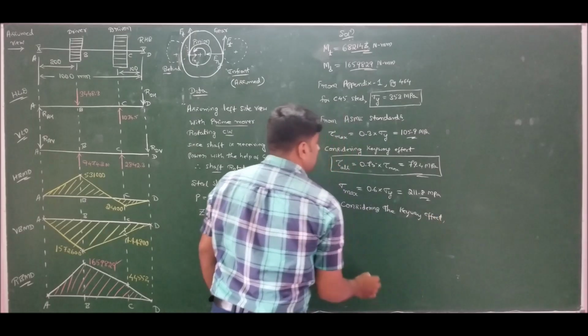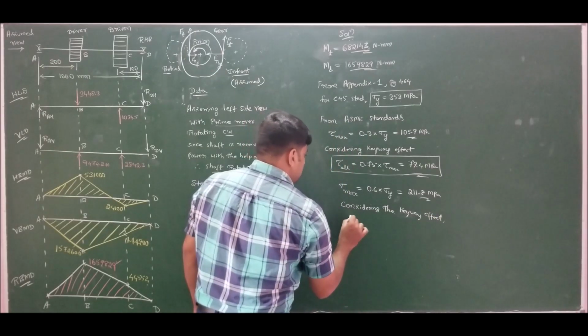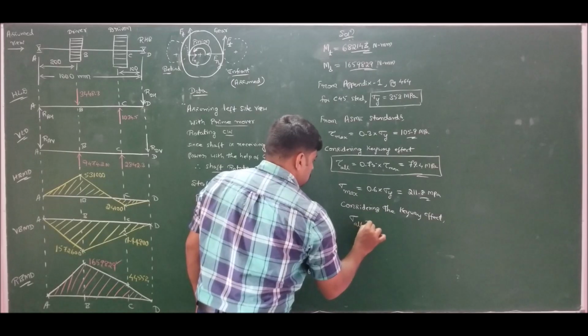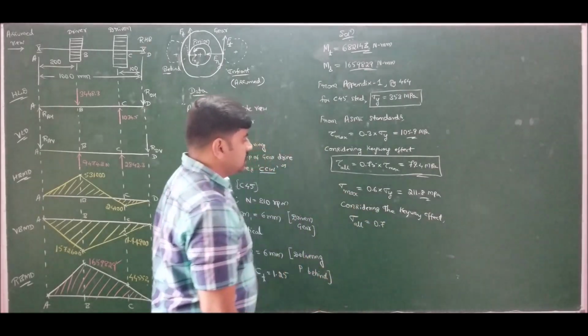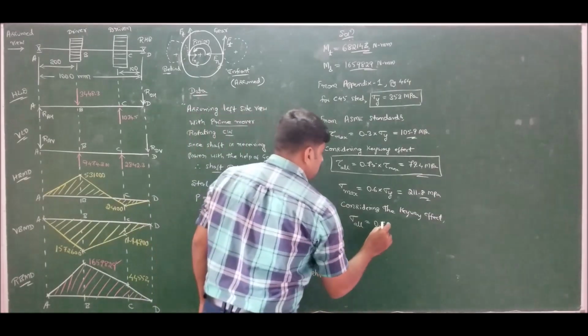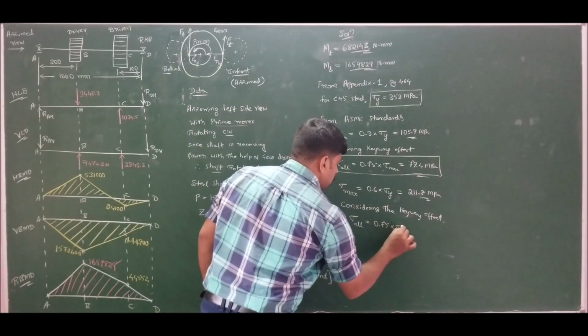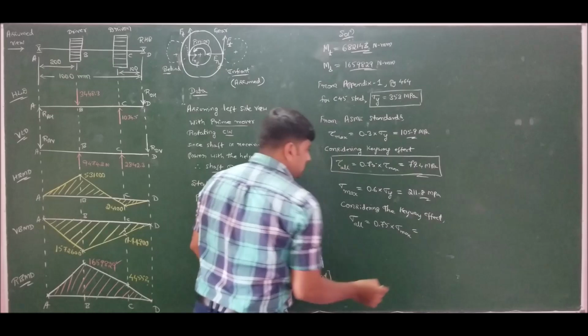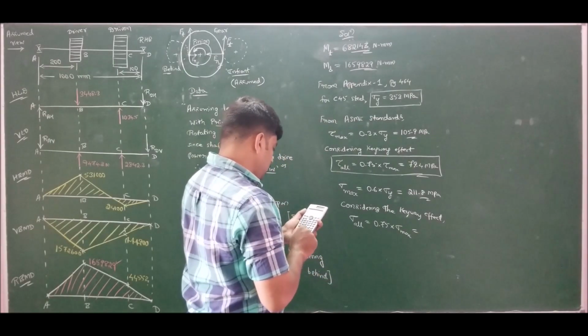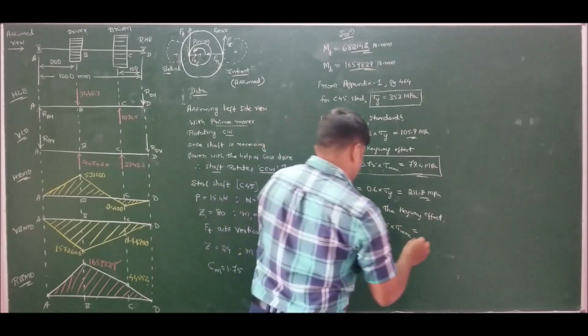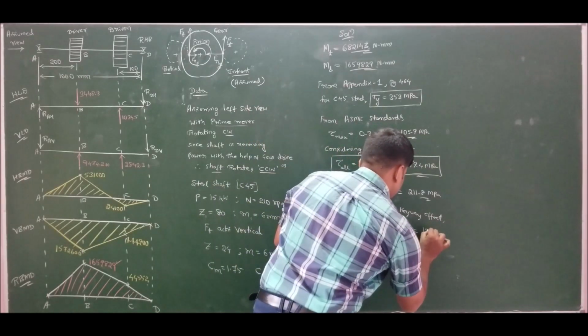If we consider keyway effects, 25% of strength is lost, so therefore sigma allowable is 75% of sigma max, that is into 0.75, which is turning out to be 158.84.